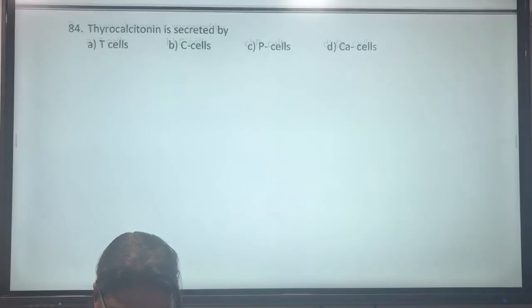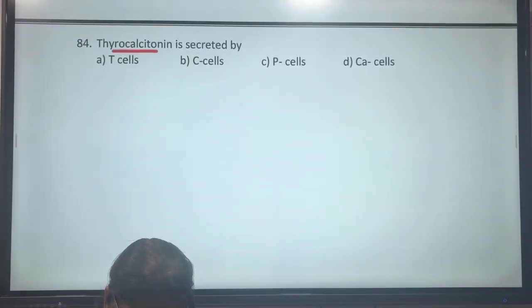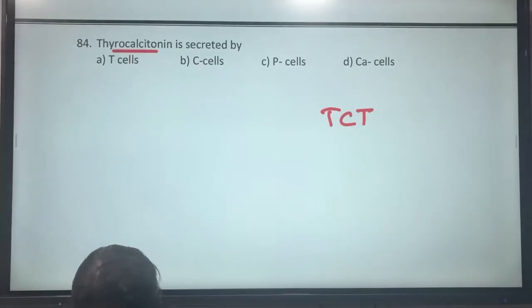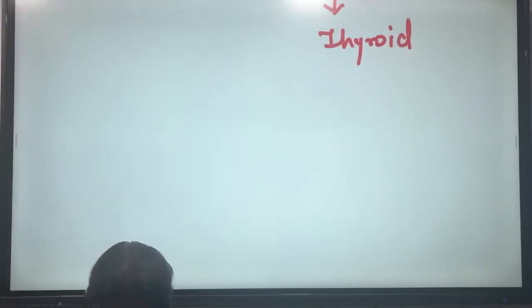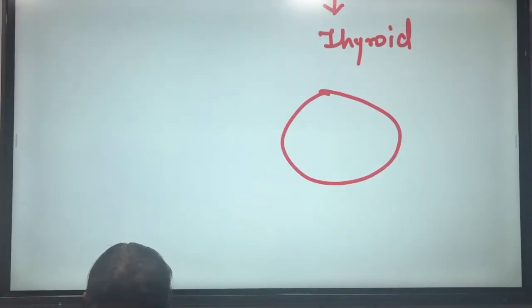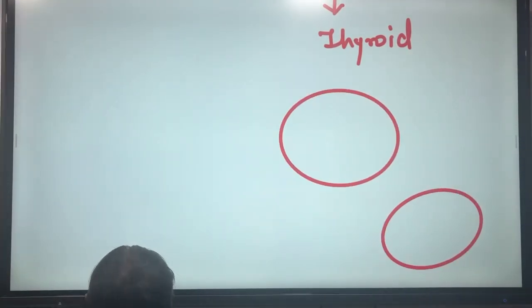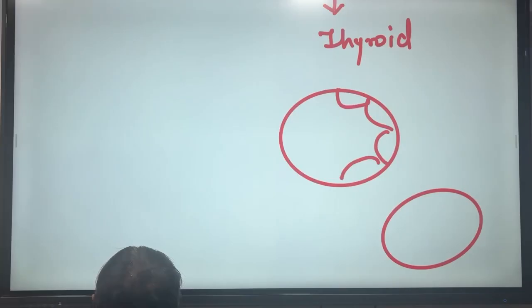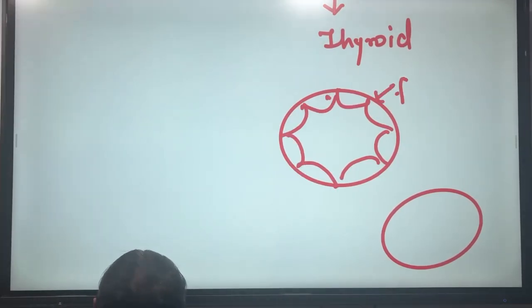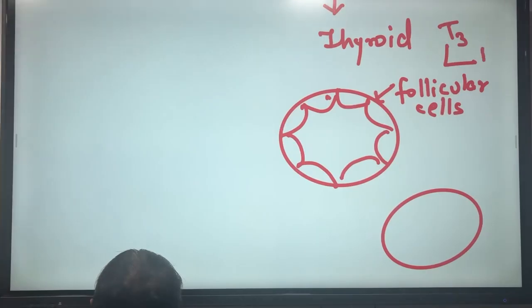Coming to 84th question. Thyrocalcitonin is secreted by... Thyrocalcitonin is shortly called TCT. TCT is a secretion of thyroid. Thyroid glands are made up of multiple follicles. So these are follicles, and the cells inside the follicles are called follicular cells. These cells produce T3 and T4.